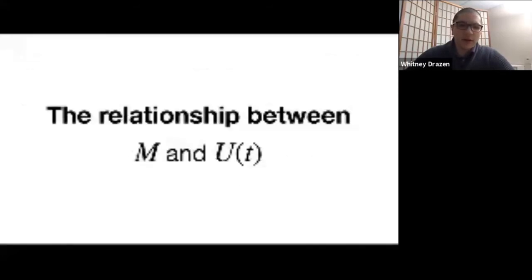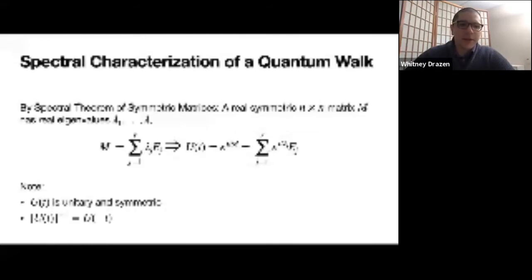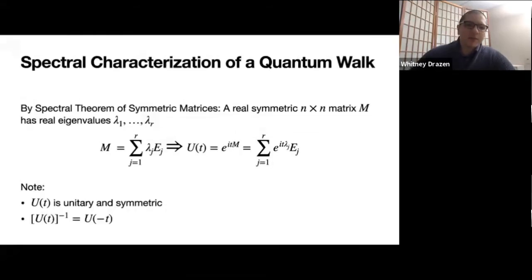Okay, so what's the relationship between M and U(t)? Well, by the spectral theorem for symmetric matrices, as you've seen before, we can decompose M into the sum of its real eigenvalues times its idempotents. And then U(t) keeps these idempotents.